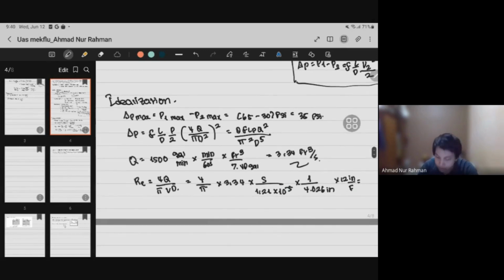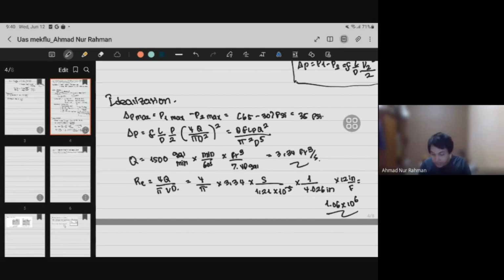From the equation above, we get the result 1.06 times 10 to the 6. This is the result we get. For drawn tubing, e equals 5 times 10 to the minus 6 using the table, and hence e over D is 1.5 times 10 to the minus 5. So f equals 0.012.